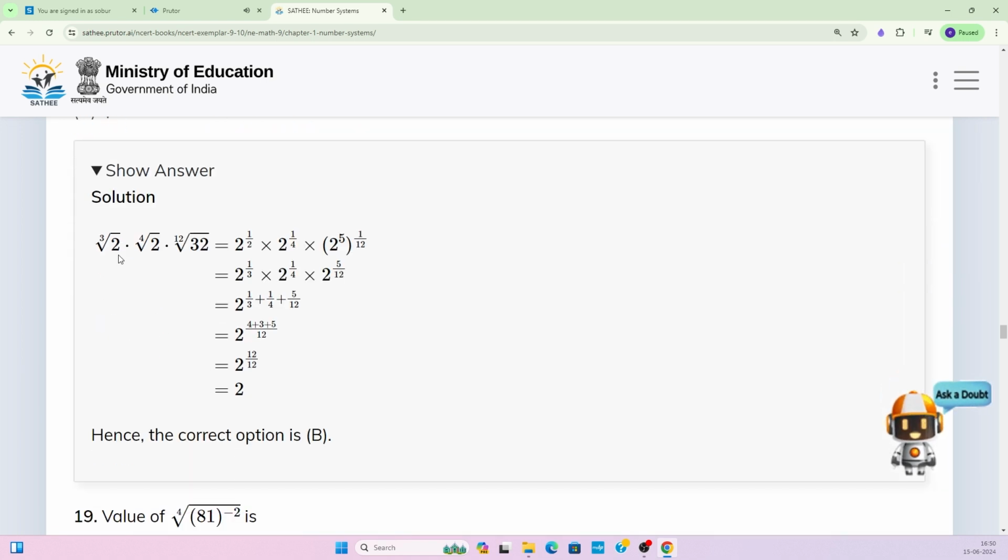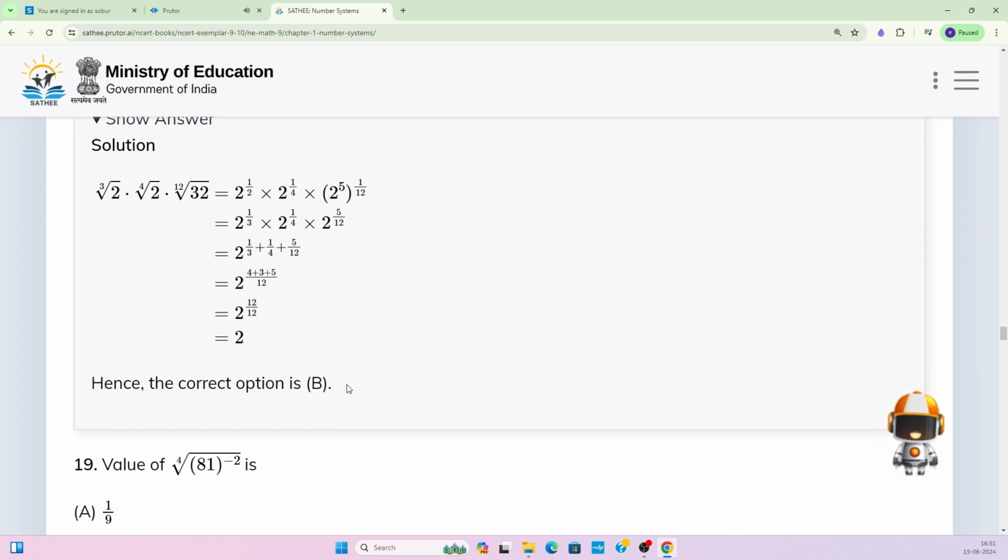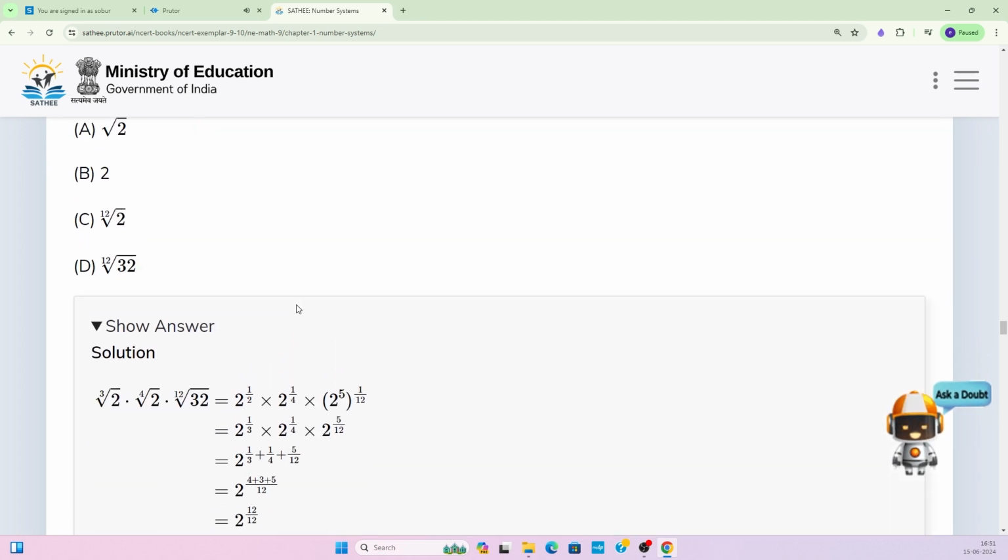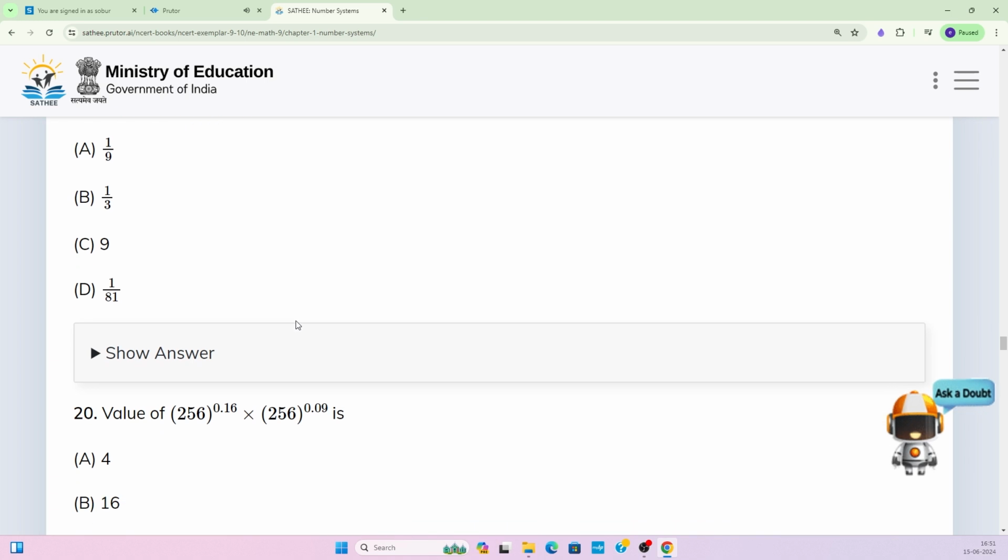Here the cube root of 2 times the 4th root of 2 times the 12th root of 32 is equal to 2^(1/3) × 2^(1/4) × 2^(5/12), and you can now use the exponent formula, then you will get the answer. Okay, so let us find the remaining portion. Now let us move to the next problem.